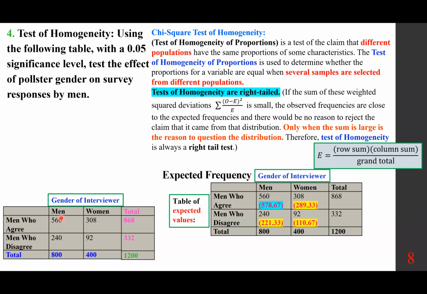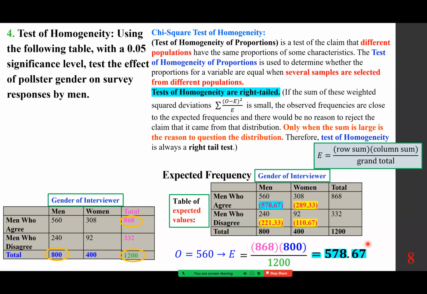For example, for 560, I'm going to multiply 868 by 800 divided by 1200, and I get this value. Just as an example, to show you know how to calculate.